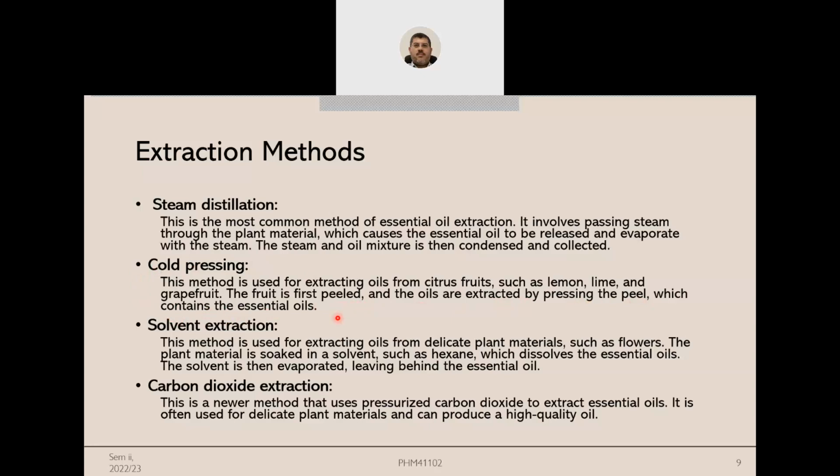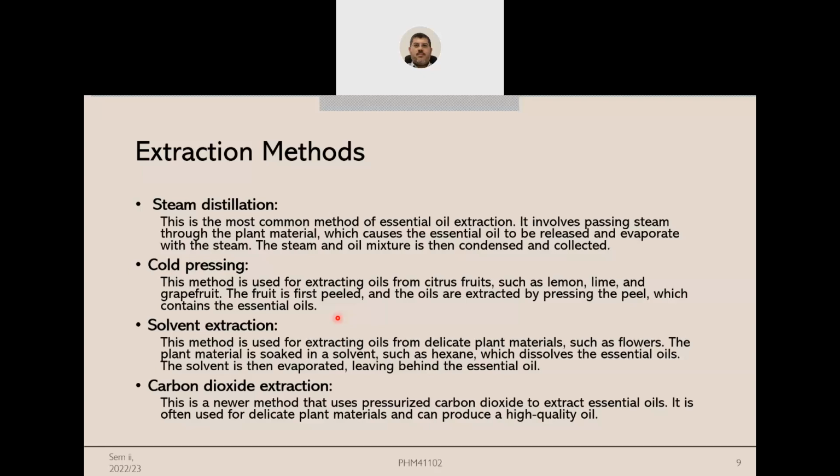So for black seed oil extraction, usually we cannot use heat or steam. Usually it is extracted by cold pressing, and ideally in a dark room, because thymoquinone is also sensitive to light. It is photosensitive. So if you want to get thymoquinone in high concentration, you need to use cold pressing in a dark room.